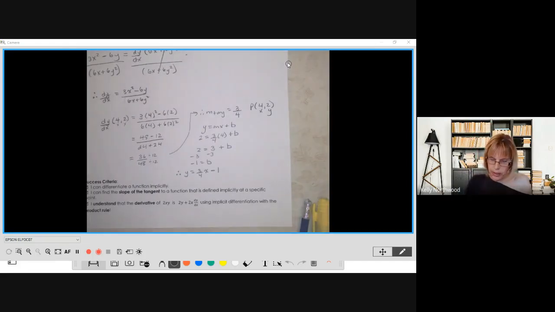See if I can show you a picture of the equation and the tangent line drawn in. x cubed minus 6xy minus 2y cubed equals 0.